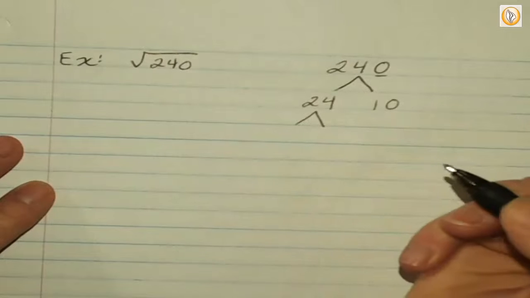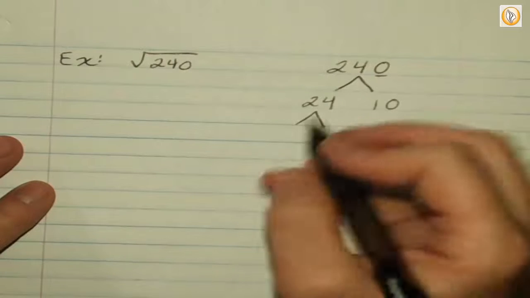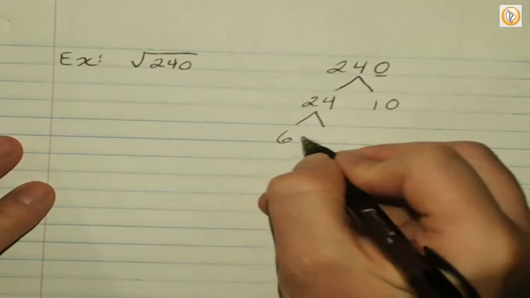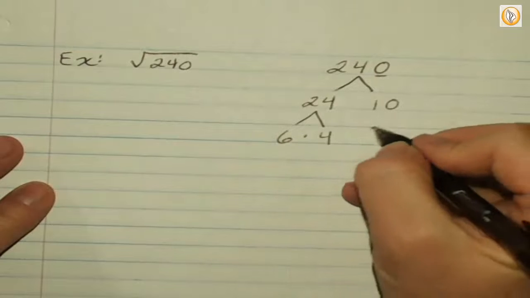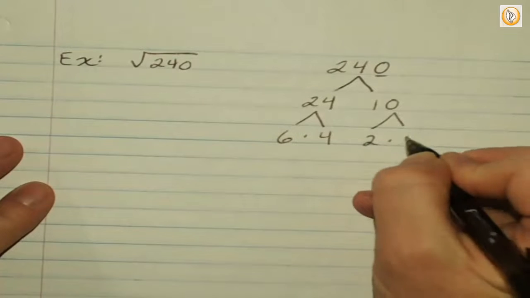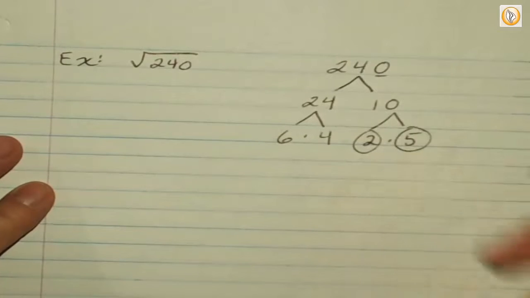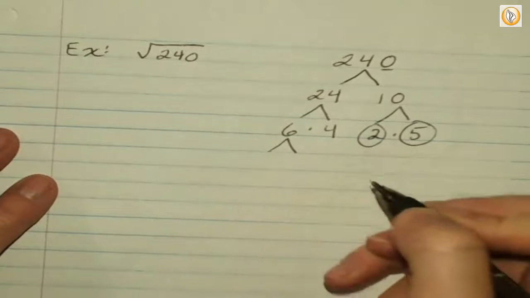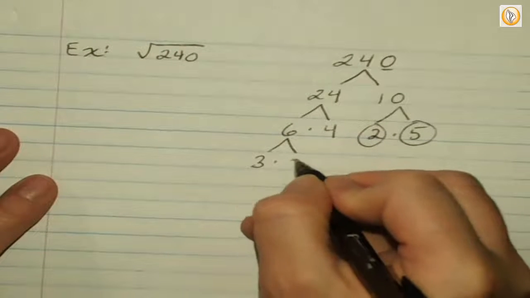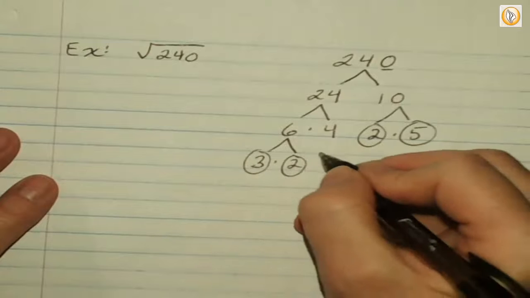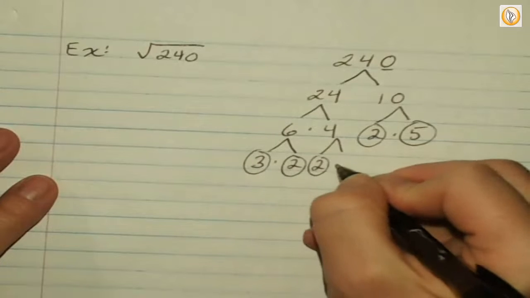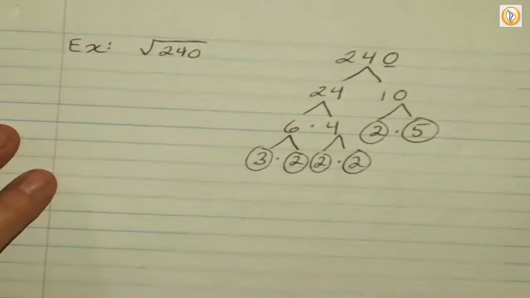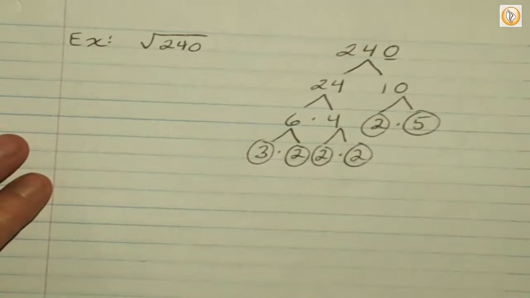What 2 numbers can give me 24? 6 and 4. And then 10, we can do 2 times 5. Those are prime, so I'm going to circle them so we don't get confused. 6 is 3 times 2. And those are prime. And then, of course, 4 is 2 times 2. Y'all have that? I'll let y'all write it down.